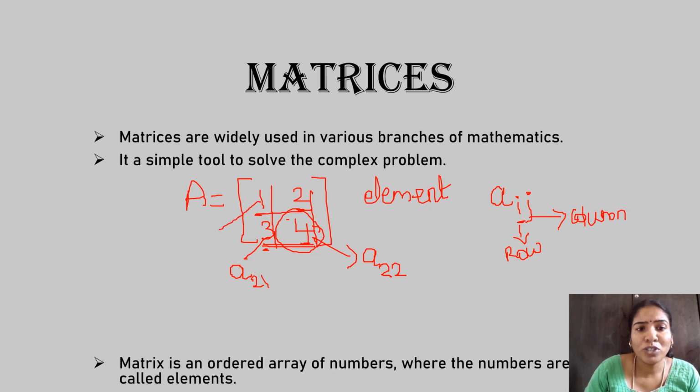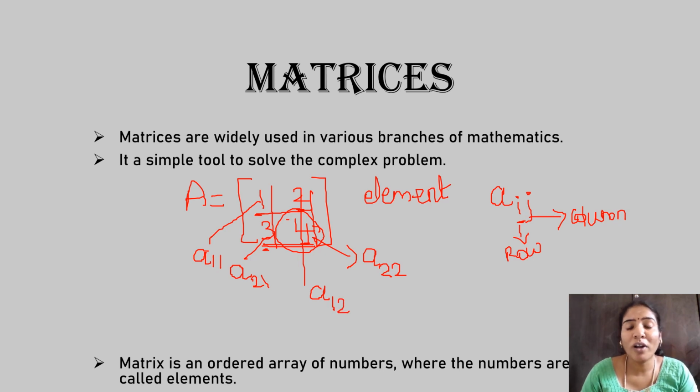Can you tell the position of 1? It is the element in the first row, first column. And for 2, it is in the first row and the second column. This is the position of each element we need to use in a matrix. These are the default positions; the numbers will vary, but the positions are not going to vary.